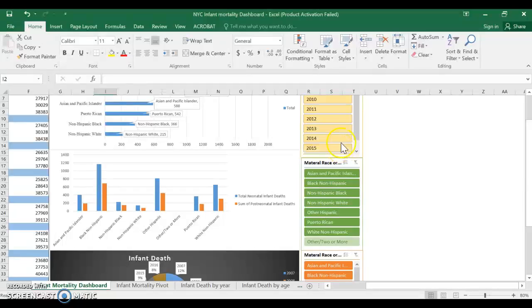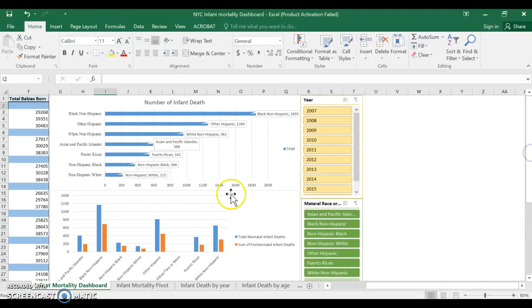I have also added these two slicers that are connected to these two charts, so if we are interested in any specific year and want to see which group encountered the highest number of infant deaths, we can do that.